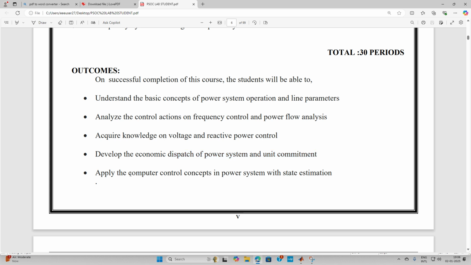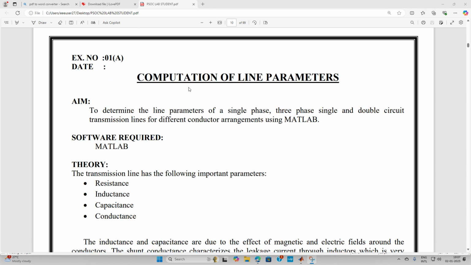Here the computer control concept means we are going to control and monitor the power, and how much power we are going to dispatch to the consumer side. All those things we monitor for the computer control concept. This is a program. First exercise: computation of line parameters.